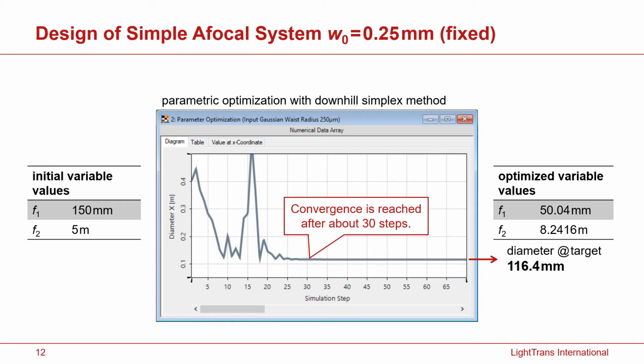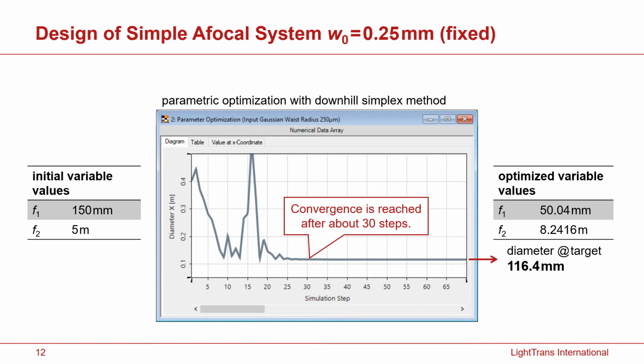And here is an example of what we did. We use the fully physical optics simulation engine in our software together with a parametric optimization, that is the downhill simplex method. We set the initial focal lengths for the first and second lens, and then we vary them and try to see what is the minimum spot diameter that we can get at 10 kilometers away.